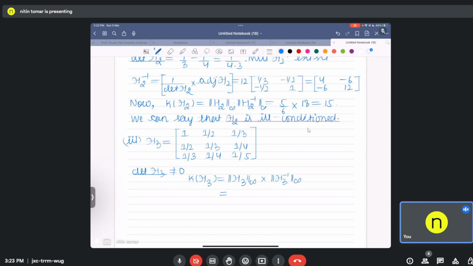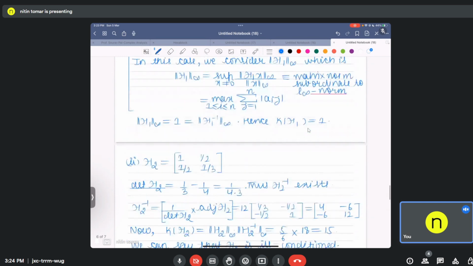Now H3, you can see, right? See, always the last row will have the highest row sum, correct? In the Hilbert matrix, the last row will always have the highest sum. Am I correct? Yes, sir.